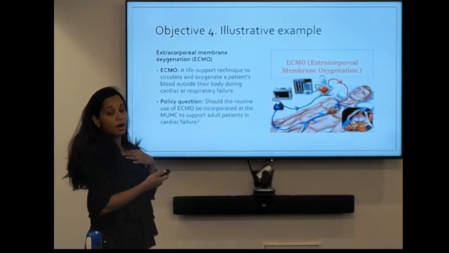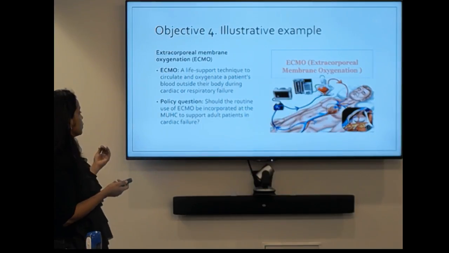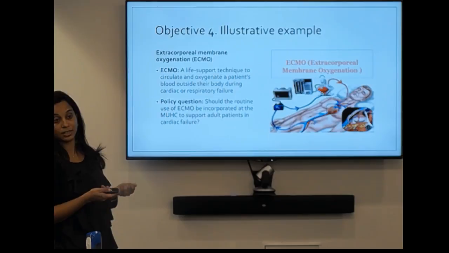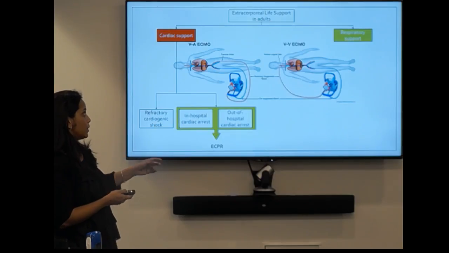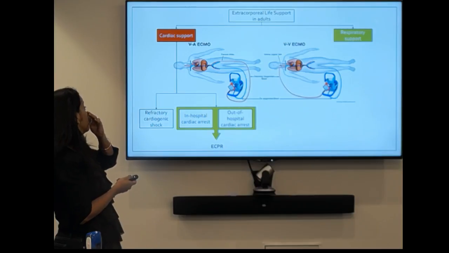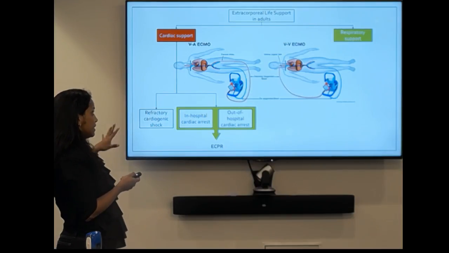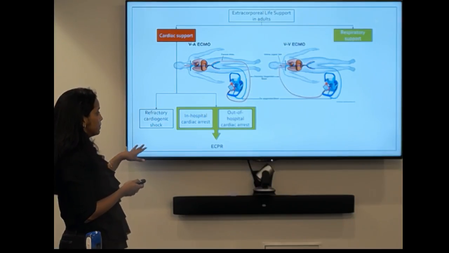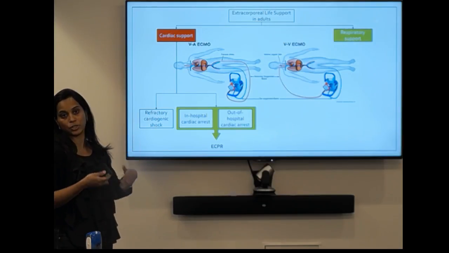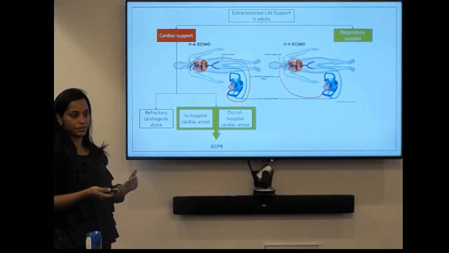And so our policy question was, should ECMO be routinely incorporated at the MUHC to support adult patients in cardiac failure? So ECMO has been used for respiratory failure, but we were looking at cardiac failure in adults, and we were looking at 3 distinct populations. So you had patients with cardiogenic shock, so that happens usually when they're in surgery and happens in the OR.